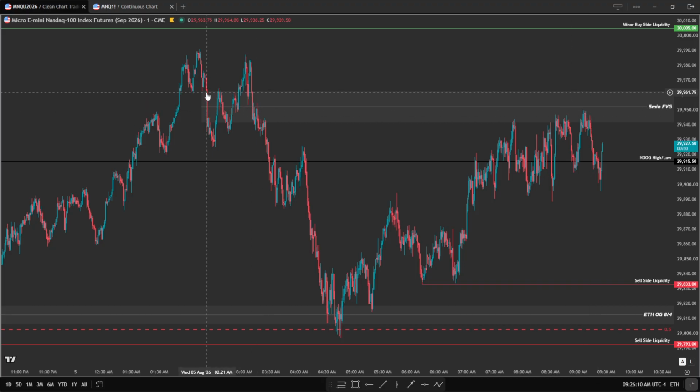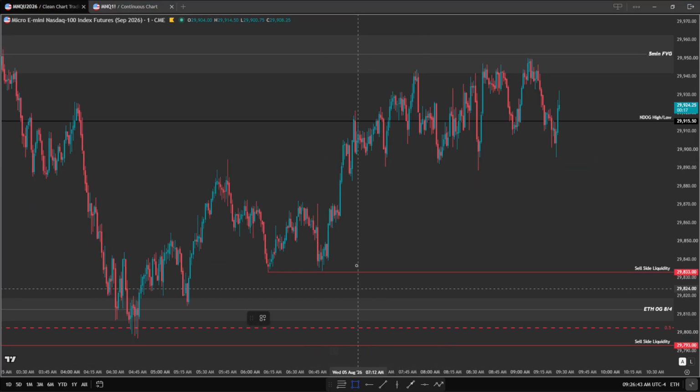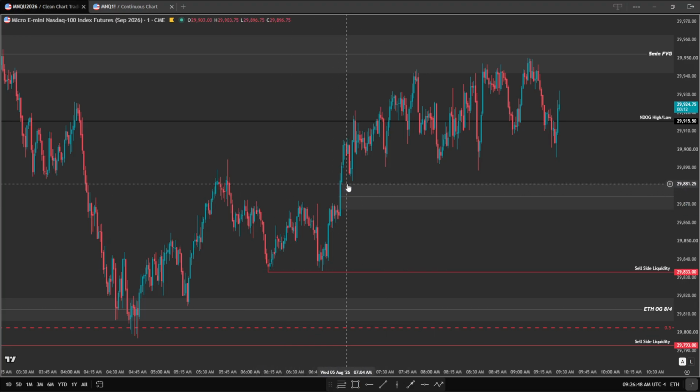It is a reclaimed sell side inefficiency, bearish fair value gap. Took some minor sell side here. This inefficiency will probably be something to watch.